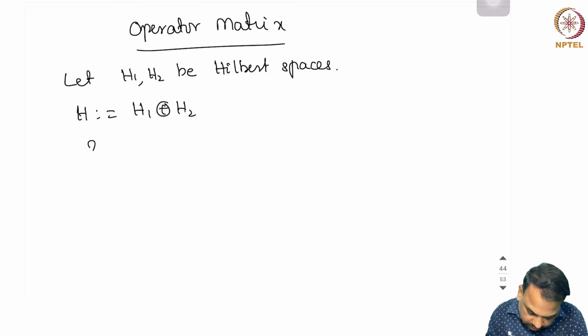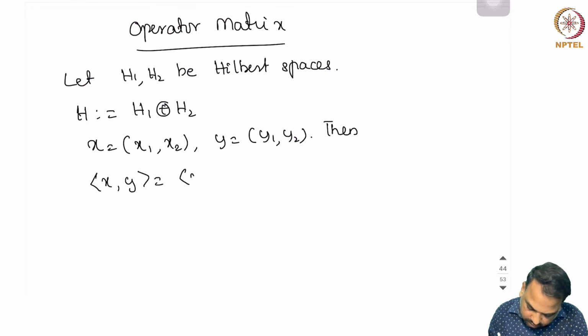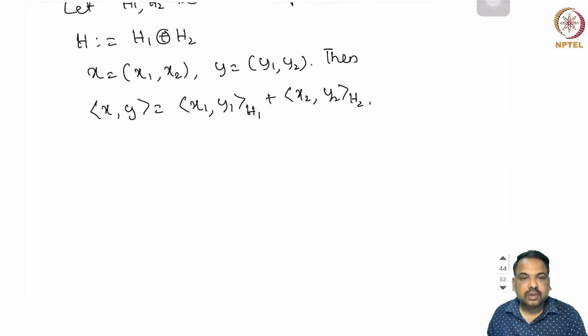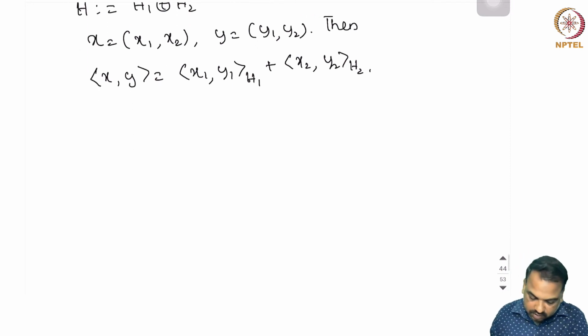This is an inner product space if you define X as (X1, X2) and Y as (Y1, Y2). Then the inner product we have already defined as the inner product of X1, Y1 in the first Hilbert space plus the inner product of X2, Y2 in the second Hilbert space. In fact, since H1 and H2 are Hilbert spaces, we can conclude that H is also a Hilbert space.